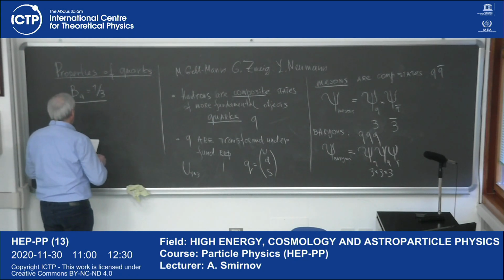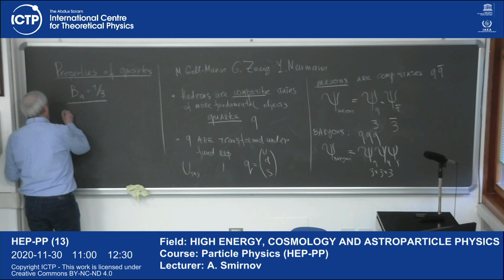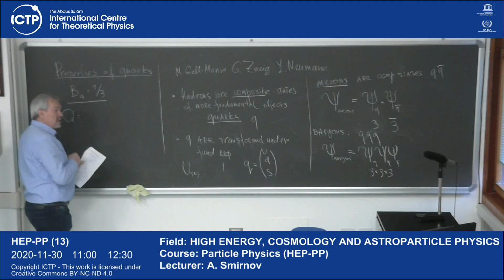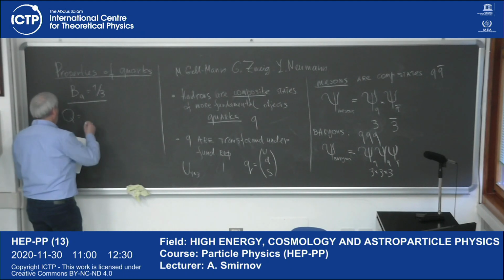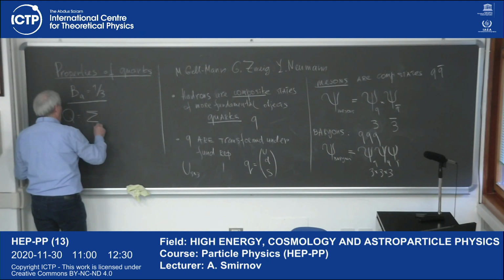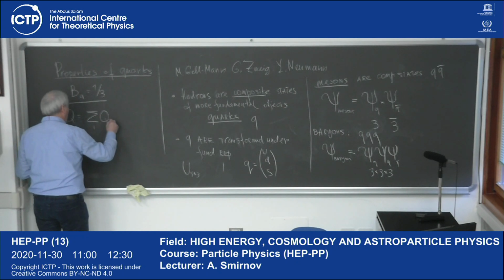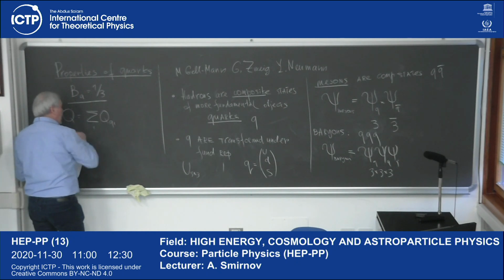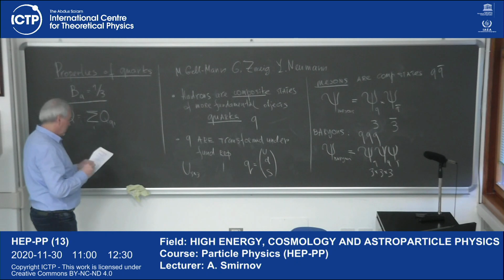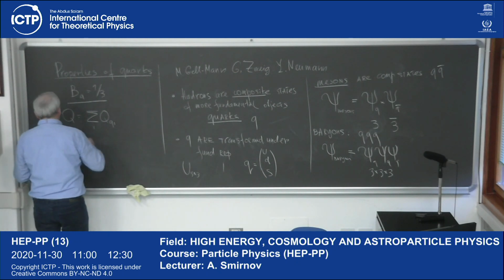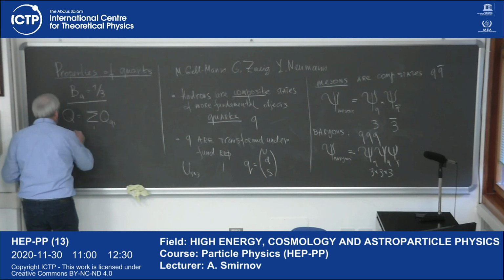And for this one can use the feature that the electric charge of a hadron, and electric charge is an additive quantum number, is the sum of the electric charges of the quarks entering a given hadron. So the same is for baryon number, and the same is for strangeness.